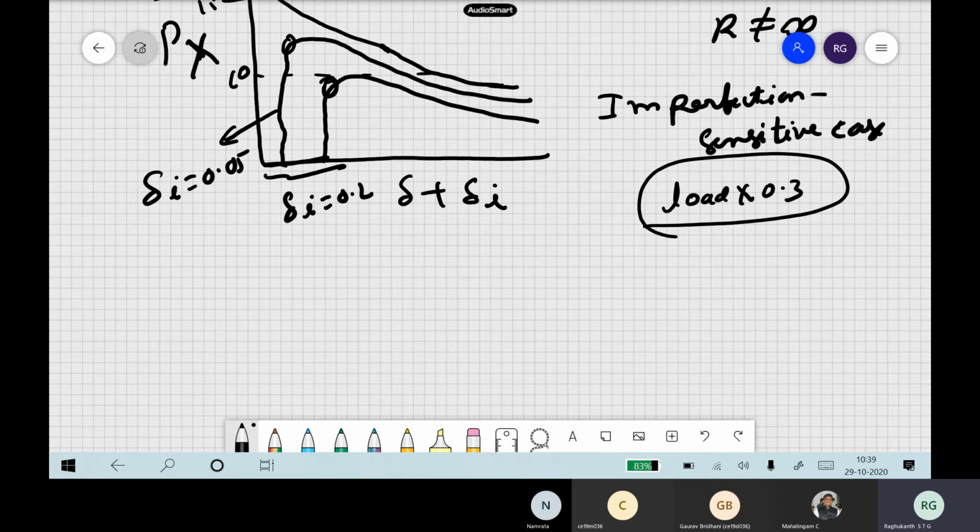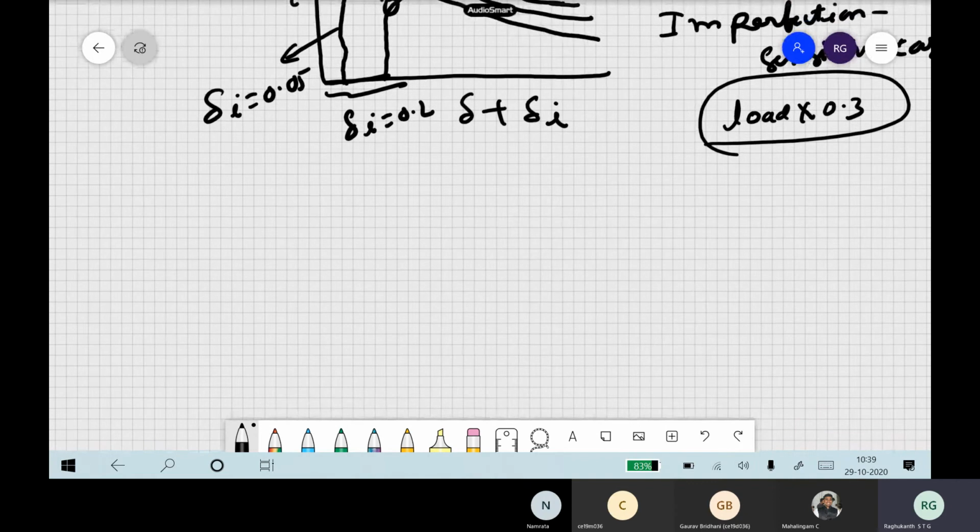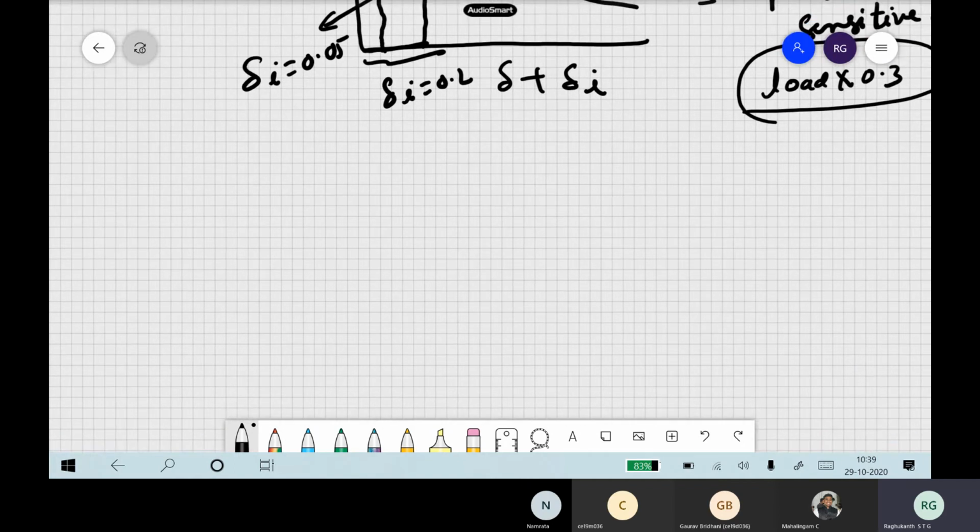So fine, this is how you can study shell elements. Now if you want to do it in more detail, what we have done is the Donnell's equation, where y is along the circumferential coordinate. If you want to get more closed-form solutions which are much more realistic, very close to the practical situations, then you have to do it in curvilinear coordinates.